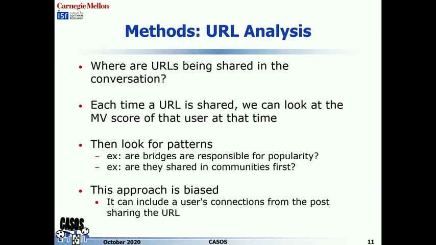If somebody who has a positive and large modularity vitality at that time shares the link, does that kind of correlate with the URL share spiking? Or maybe the URL share spikes if it's shared between the communities. One thing to note is that this approach is biased because we are using per day modularity vitalities.